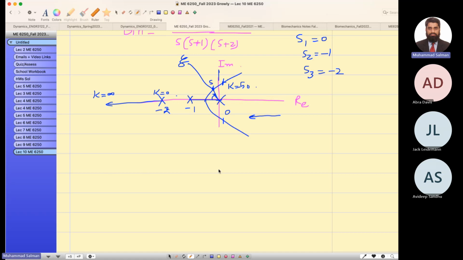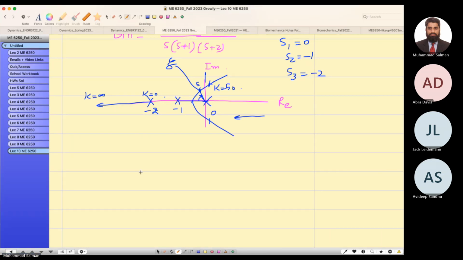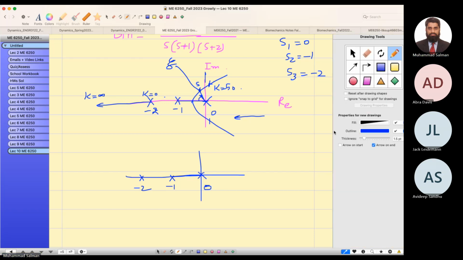So what is the angle of asymptote? Let me draw it here. 1, 2, 3, 0, -1, -2. This is on the real axis.